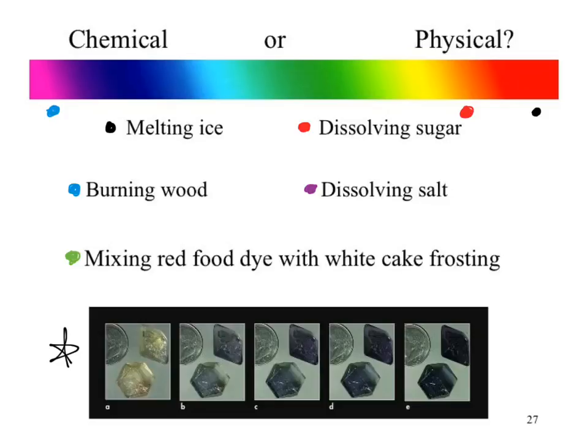I'm going to skip dissolving salt for the moment. Mixing red food dye with white cake frosting. This is almost exclusively a physical process as well. It's more like a dilution than anything else. We're adding a deep red color to white cake frosting, and now our frosting comes out a pinkish reddish color.